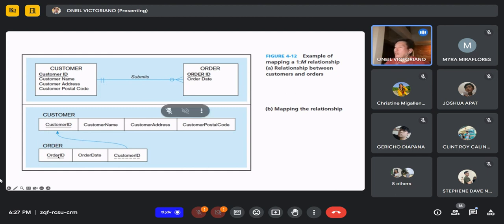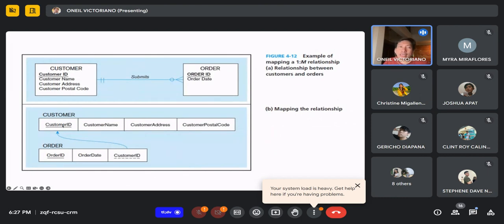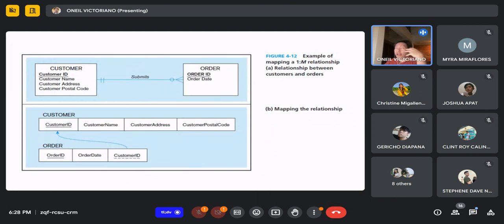So the order ID here would be the PK, or primary key, while the customer ID is the foreign key. So the idea here is the customer is related to the orders table, in which the customer is connected with the order.